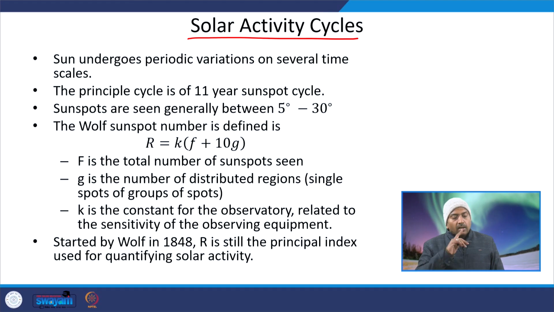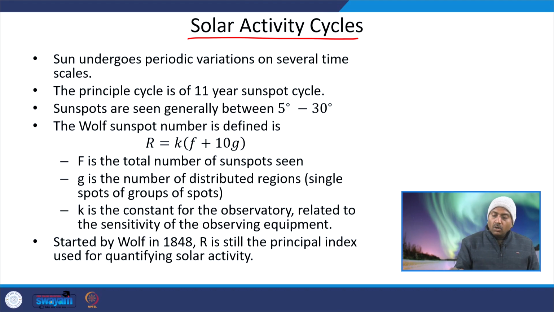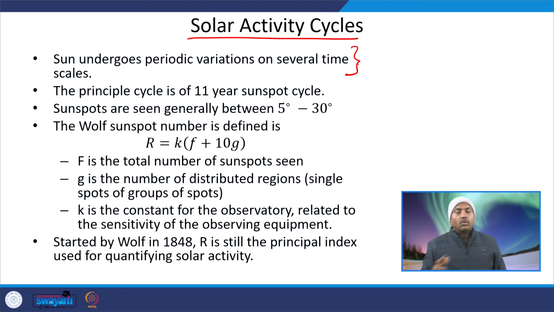Now, we will see a mechanism which has been developed to find out the sunspot number using different parameters. We know that the sun undergoes periodic variations on several time scales. We have only seen two time scales. One very short scale is the 27 days.